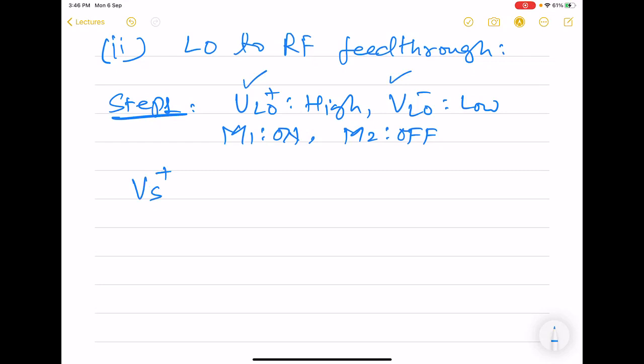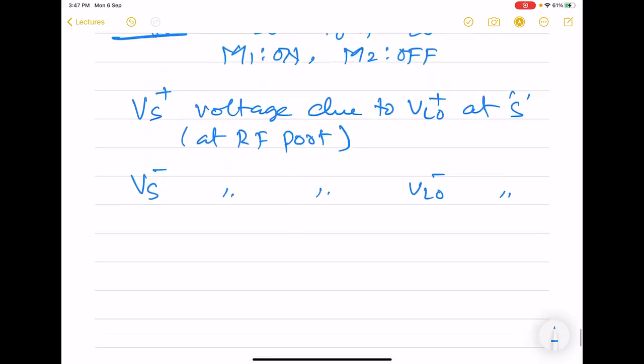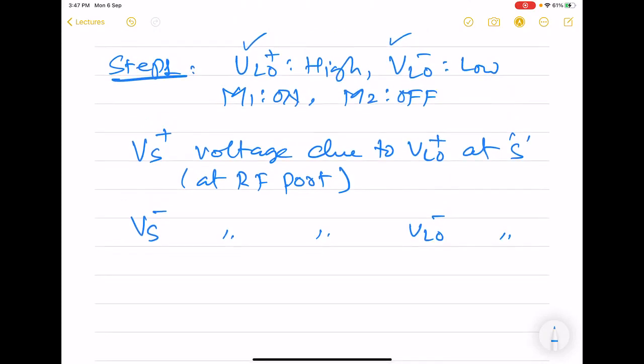So we'll be calling this Vs plus, voltage due to VLO plus at source. That means at RF port. Similarly, Vs minus, voltage due to VLO minus. And we will be carrying out all these analyses by assuming only one of the LO to be present in the circuit.